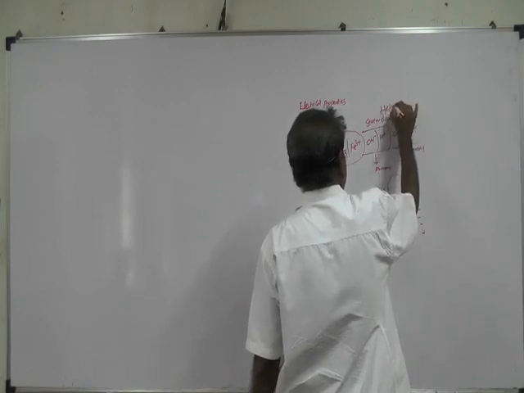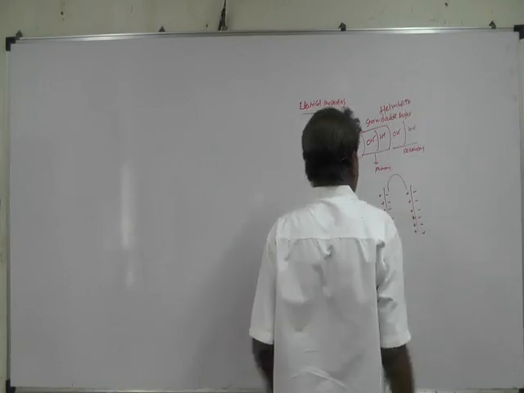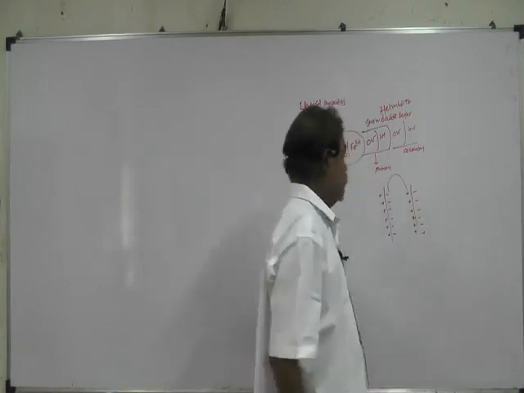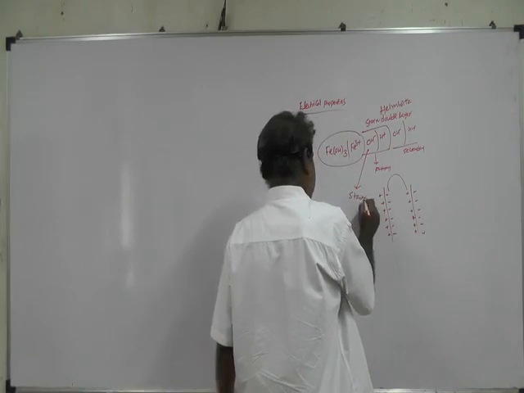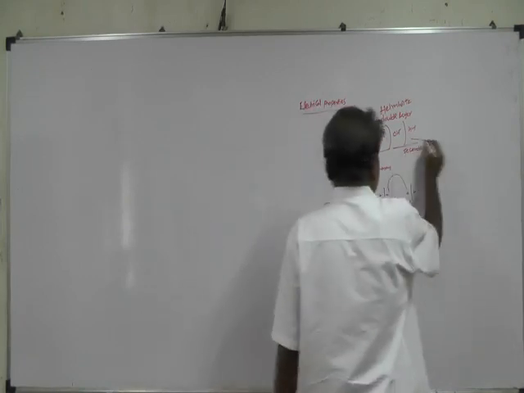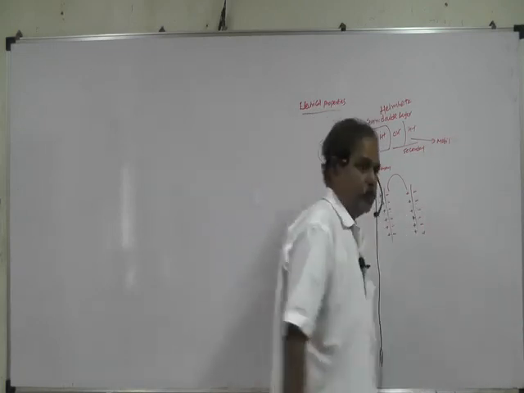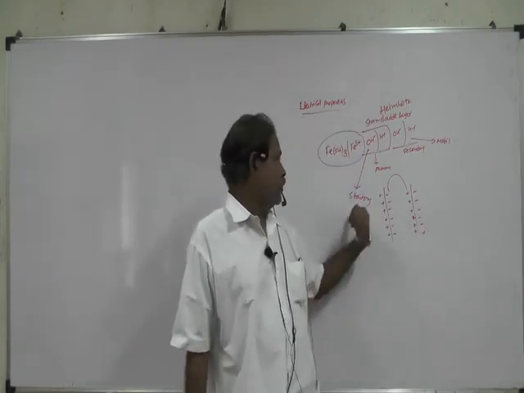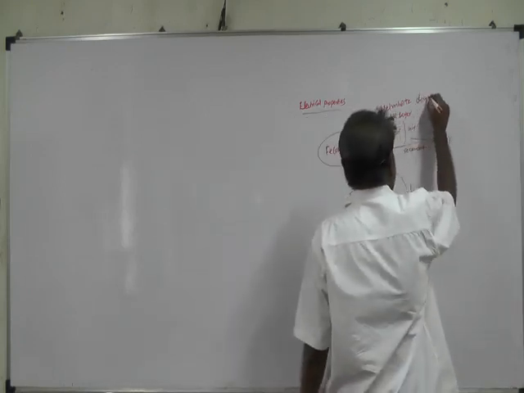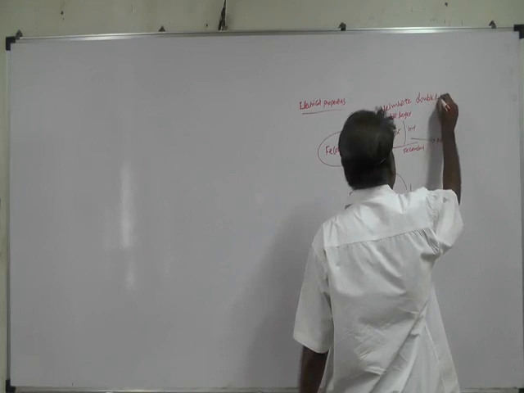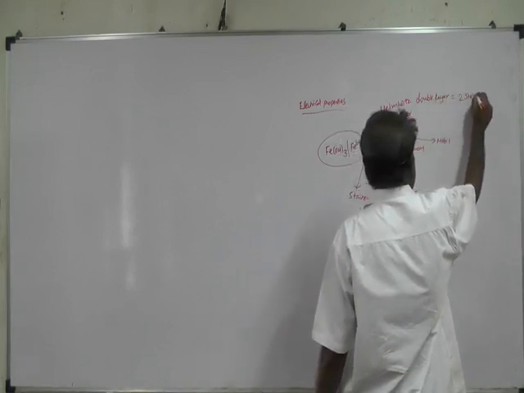Helmholtz double layer means primary and secondary. This is stationary, which sticks to the colloidal particle, and this is mobile, so it's called diffused. This is stationary, that is diffused. Helmholtz double layer contains two Stern double layers.